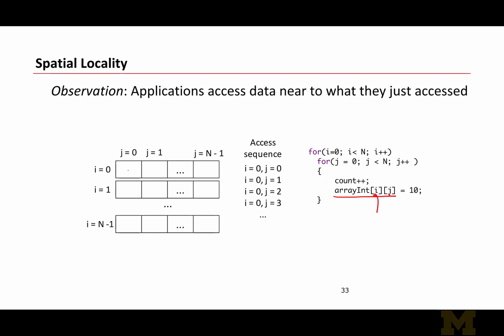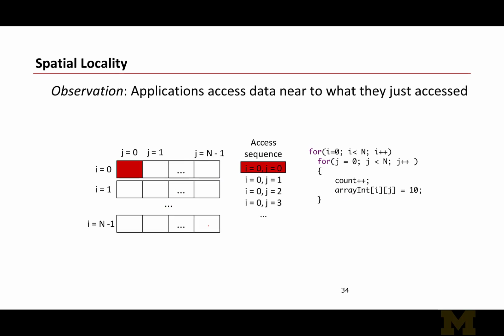The way I'm accessing the array is like this, right? I access the first row, I go back, I access the second row, then the third row, and the nth row, and so on.